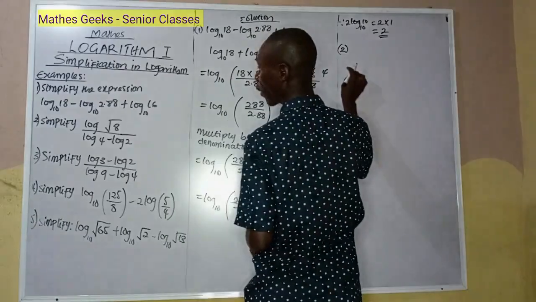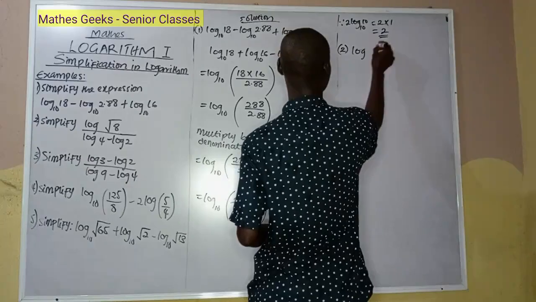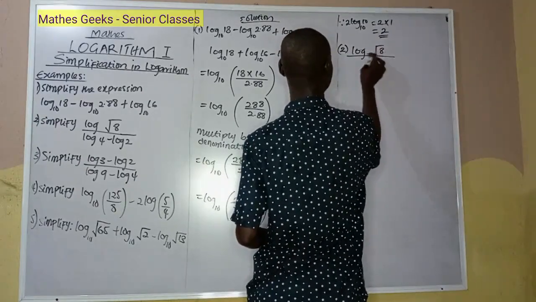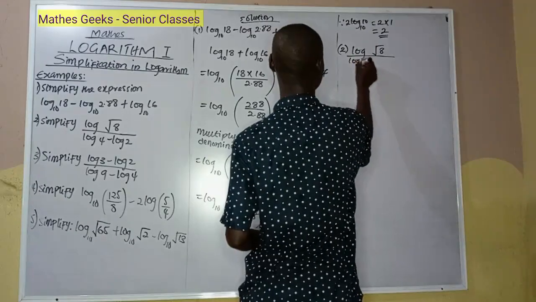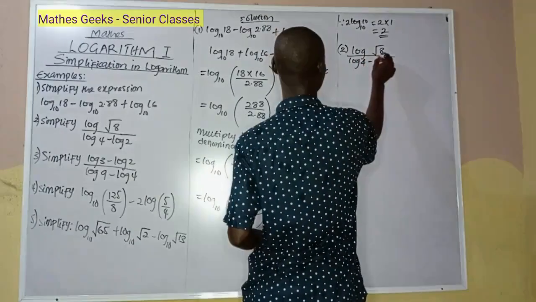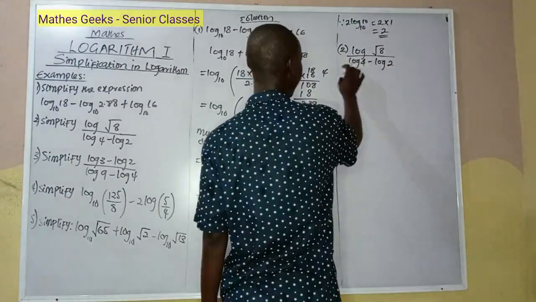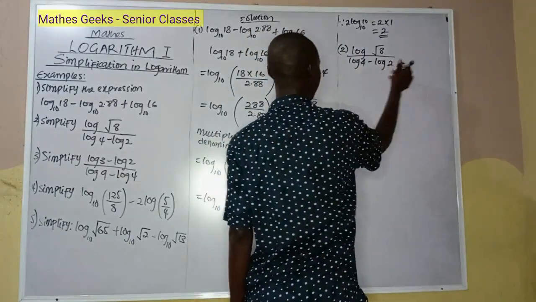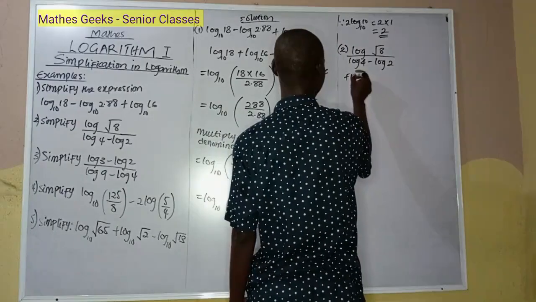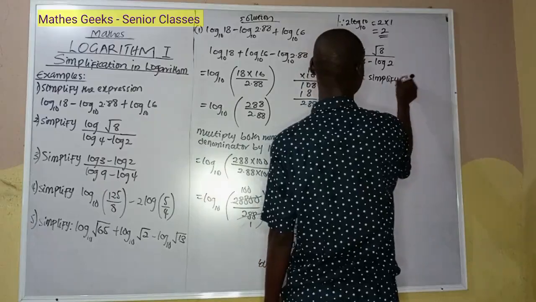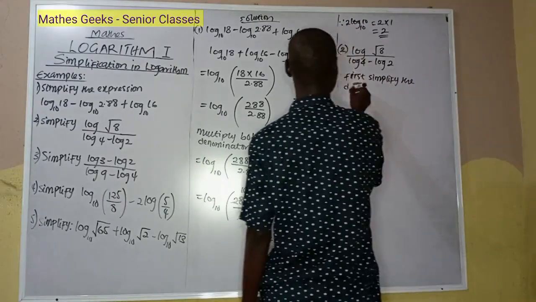Number 2, simplify log root 8 over log 4 minus log 2. So let's first simplify the denominator.